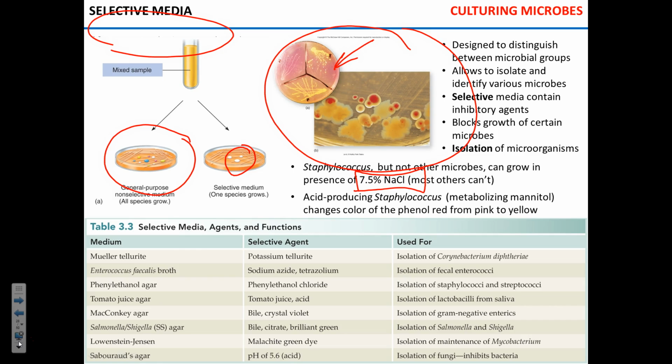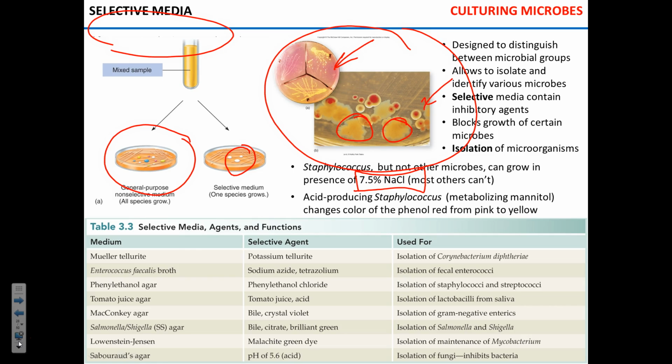If species of Staphylococcus, like Staph aureus, can ferment mannitol, colonies will turn yellow, or even the area around them. If species of staph, like Staph epidermidis, cannot ferment mannitol, they will remain red.